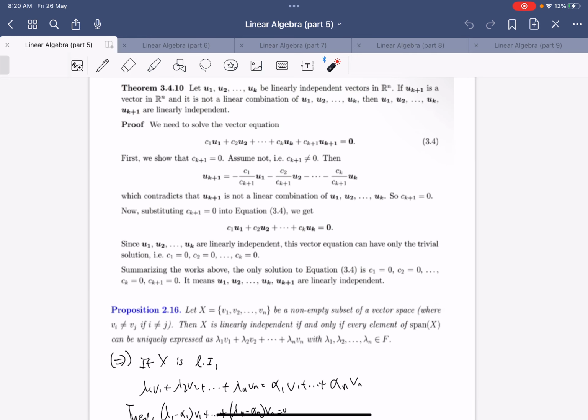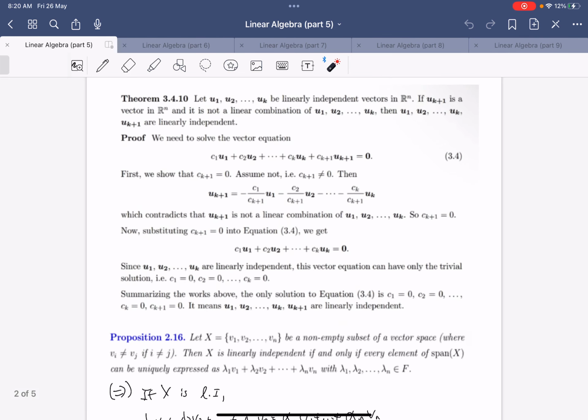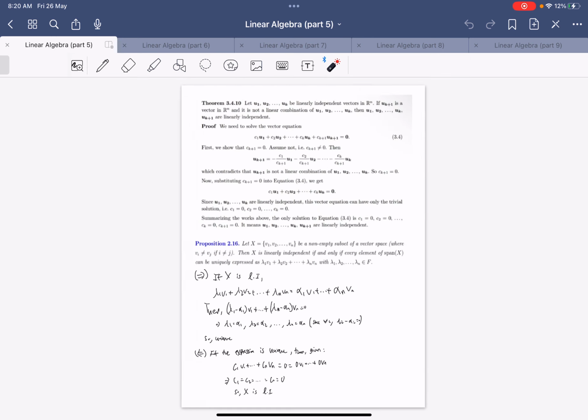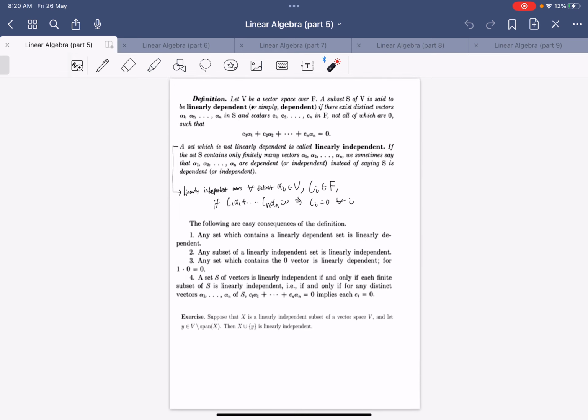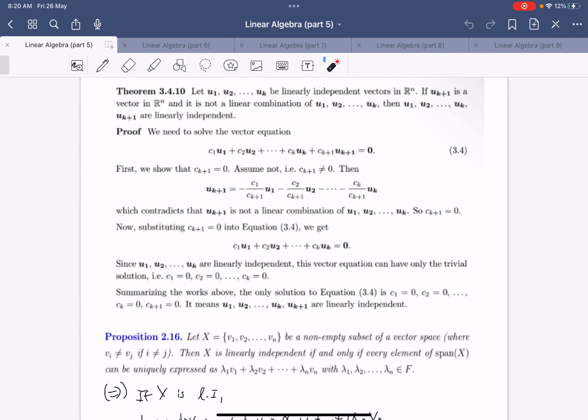Because of that, we have a theorem: if you have some linearly independent vectors U1 to Uk, and U(k+1) is a vector of Rn that is not a linear combination of these, then U1 to U(k+1) will be linearly independent. That is basically this exercise, but for a general vector space. The proof is very straightforward.